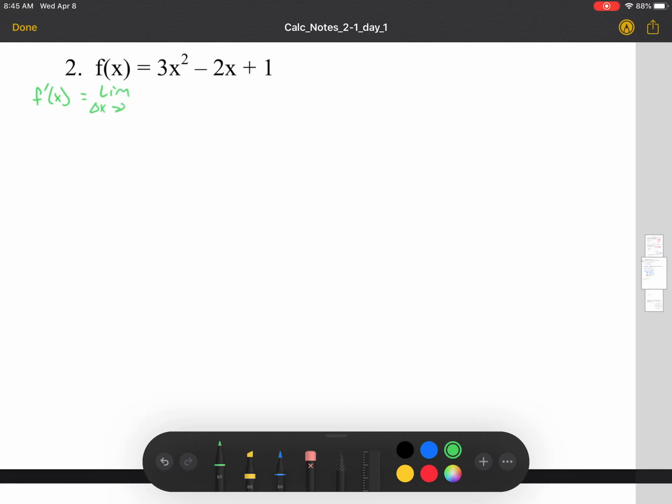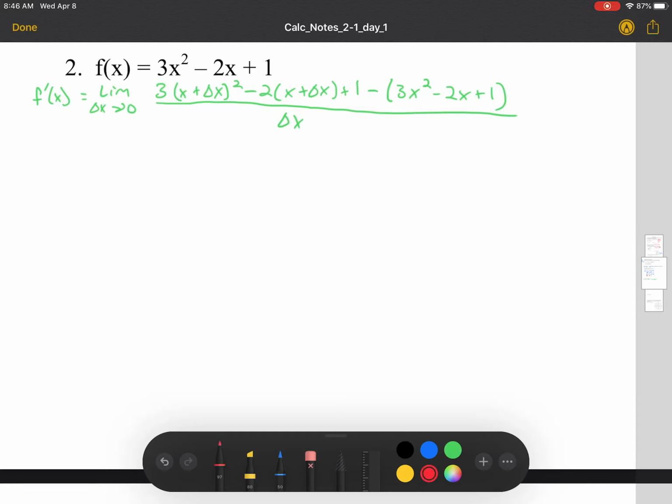It's going to equal the limit as delta x goes to 0 of 3 times x plus delta x squared minus 2 times x plus delta x plus 1 minus 3x squared minus 2x plus 1. Okay, make sure you have all your work written out clean and clear so you can understand it all. I'm going to change colors every line, so hopefully it's easier for you guys to see. Okay, so that's our first line.